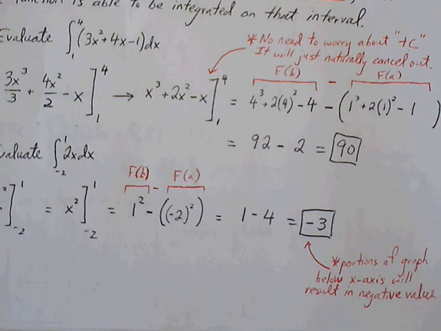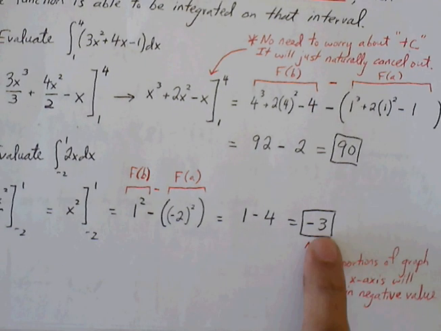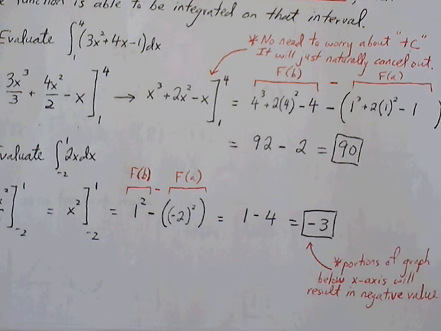So we've got to keep in mind that any portion that sits below the x-axis is going to produce a negative value. So sometimes we may have to adjust the negative if we want to find the area for that region.